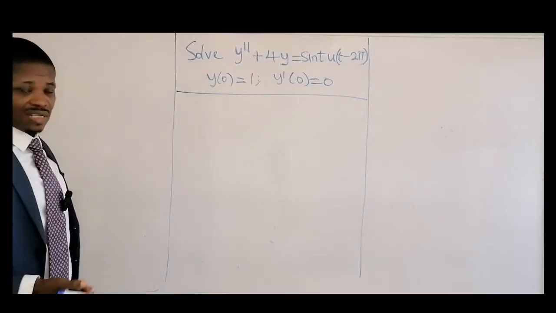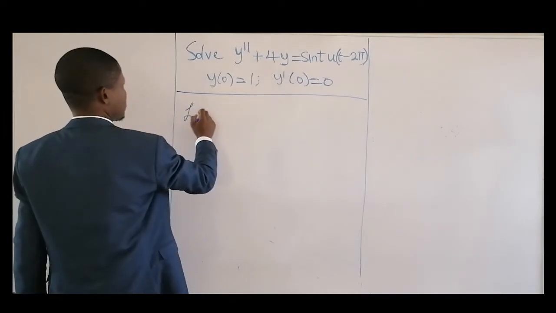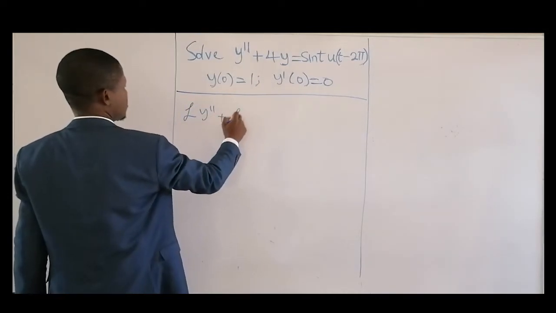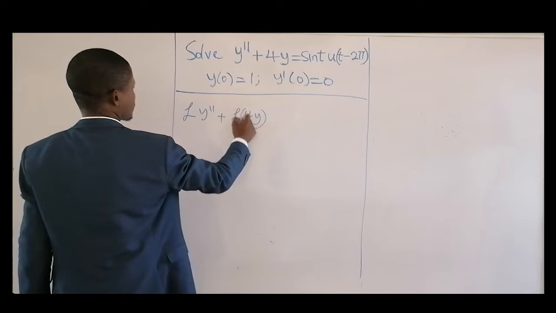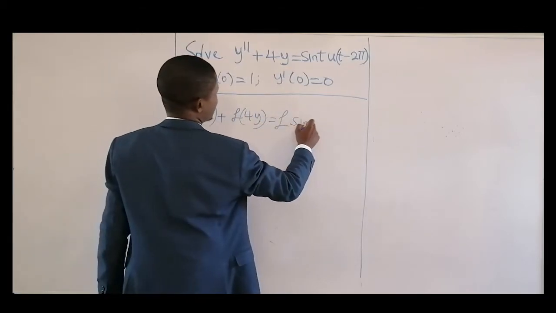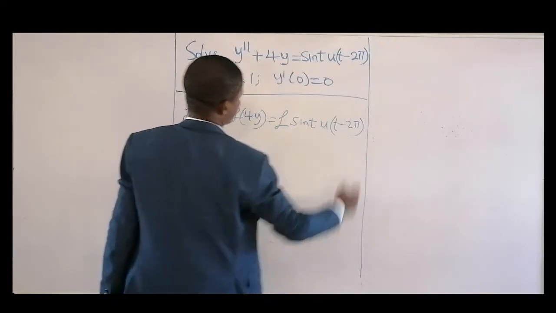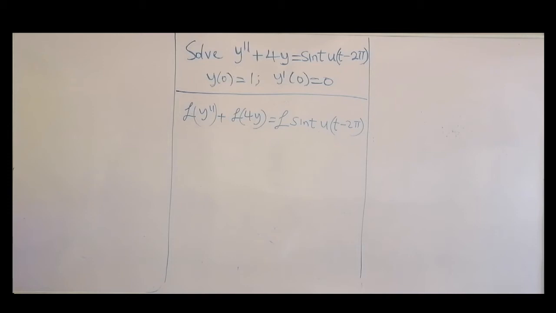Since we are using the Laplace method, take the Laplace of both sides of the equation. Laplace of 4y, then Laplace of sin t u(t minus 2π).